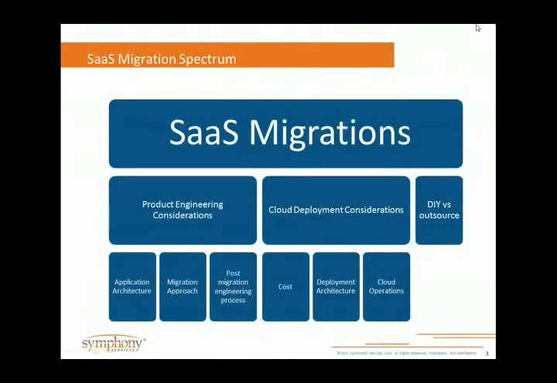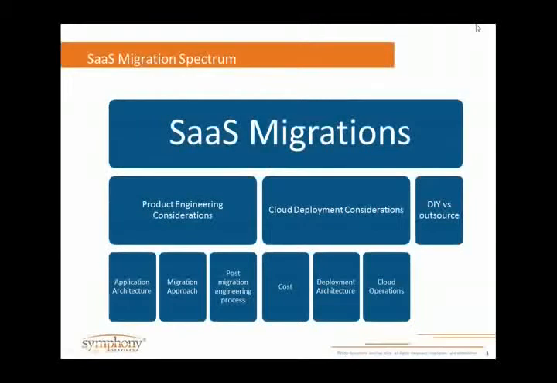Under the engineering considerations, we would talk about three aspects: the application architecture, which is going to be the main topic for Ram actually; the migration approach, which means once we have decided on the target architecture, what are the different approaches; and once we have migrated, what are the engineering considerations once we are SaaS?